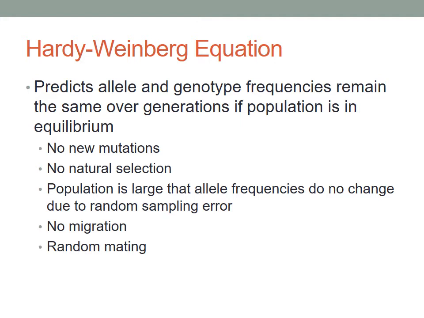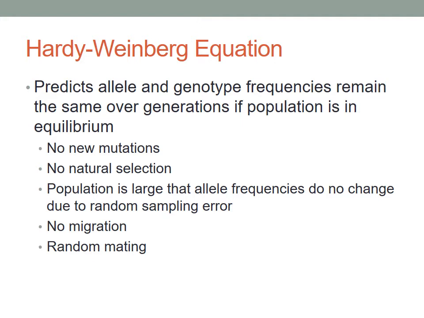A random sampling error is the idea that your sample could, by choosing a couple of them, completely change your mind of what the actual population looks like. So a population does need to be large enough so that allele frequencies do not change due to a random sampling error.